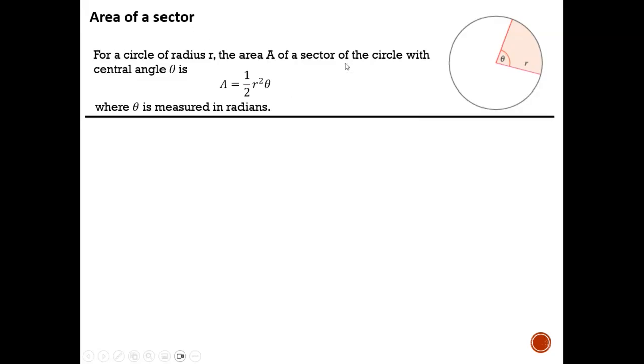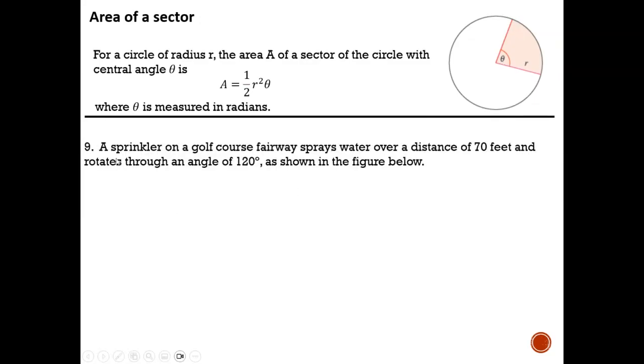Okay, so what is an area of a sector? Well, it's not the area of the whole circle, right? That would be all of this filled in. A sector is just a piece of the circle. So we want the area of a sector, we just want the area for a certain piece of that circle. We need to know the radius of that circle, r, and we need to know that angle measure that it makes to get that sector right there, theta, okay?